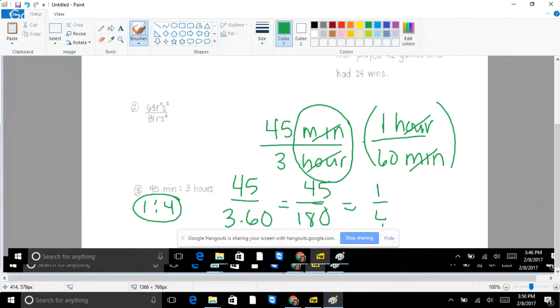With these problems, you can kind of look and ask, does that seem right? And that does seem right. We have 45 minutes to 3 hours, so for every 45-minute period, that's equivalent to 4 sections that are 45 minutes each.